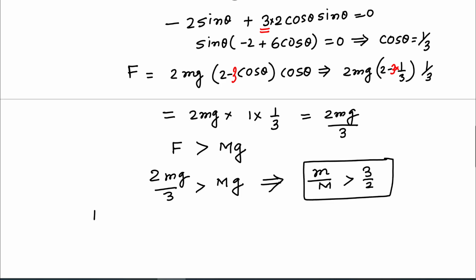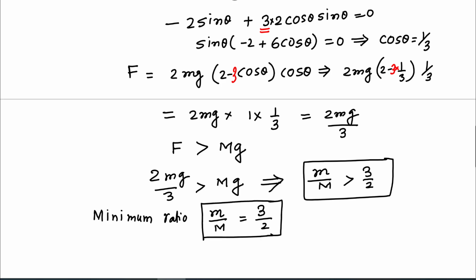So the minimum ratio is 3 by 2. At least the small mass should be 1.5 times larger than the bigger mass. Then only it will lift the hoop in the upward direction.